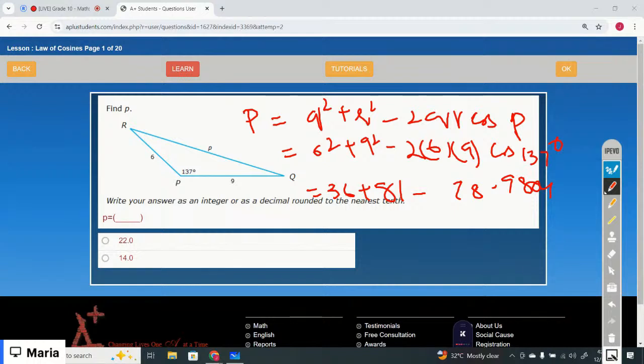81 plus 36 is 117 and minus 78.9804. So that is 38.0196. But why are the calculations not correct? Just wait, I will do the calculations again and then write down the correct option in the chat box, right?